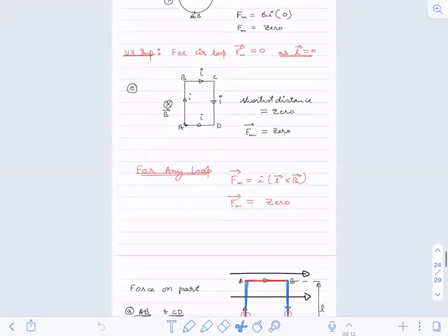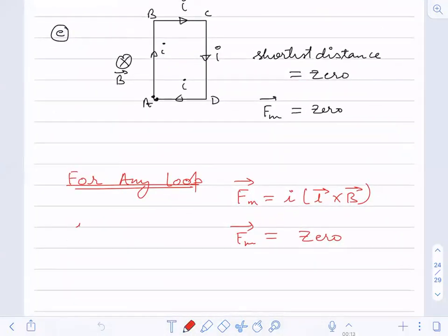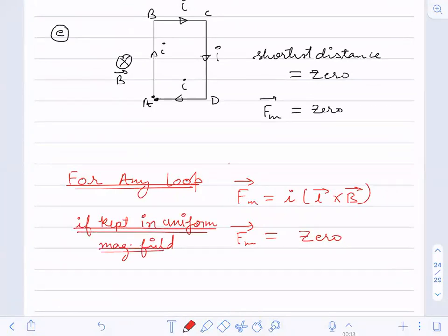So we can say one thing about this now: for any loop, if kept in a uniform magnetic field, not in any field, so the field should be uniform, then the net magnetic force on that loop will be zero.